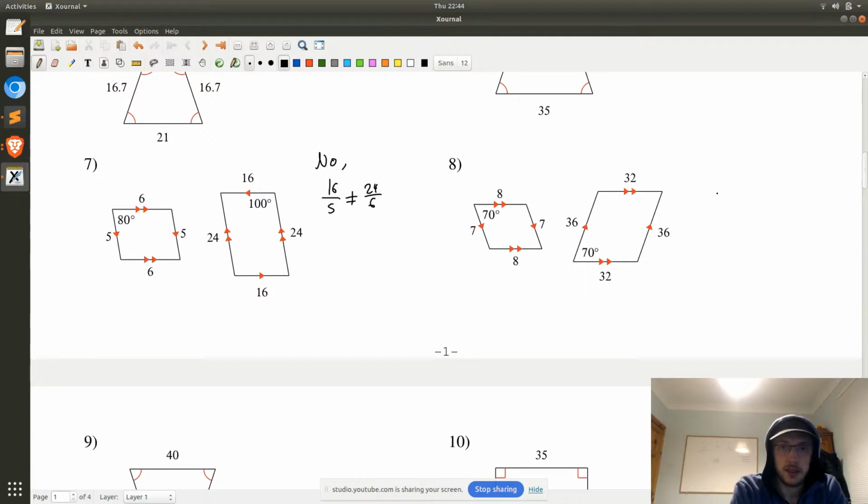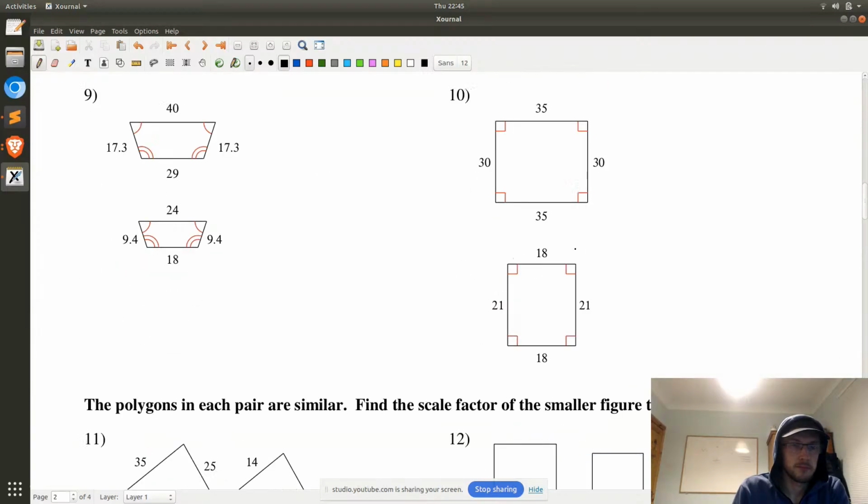How about here? Well, notice we have 32 and 36, and they are in the ratio of 8 to 9. But here we have 7 to 8, so no. Okay, angles match up.